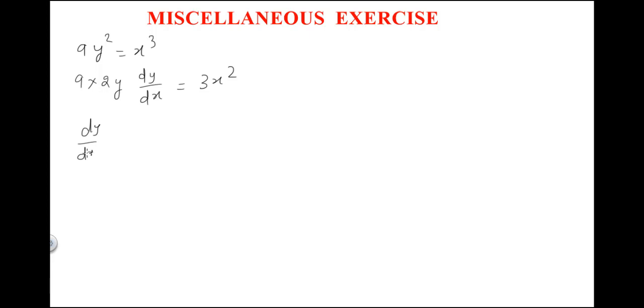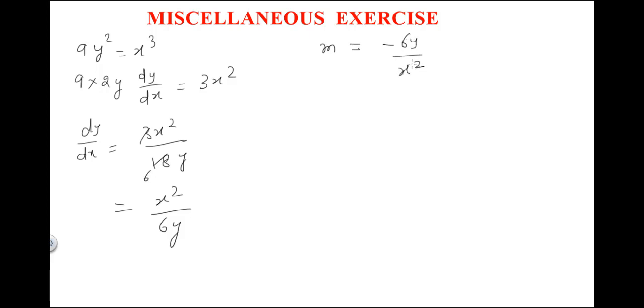So what is dy by dx from here? 3x square upon 18y. So we get x square upon 6y. This is the slope of tangent. What will be the slope of normal? Let us represent it m, because we have already written m as the slope of normal. So m will be minus 6y upon x square.